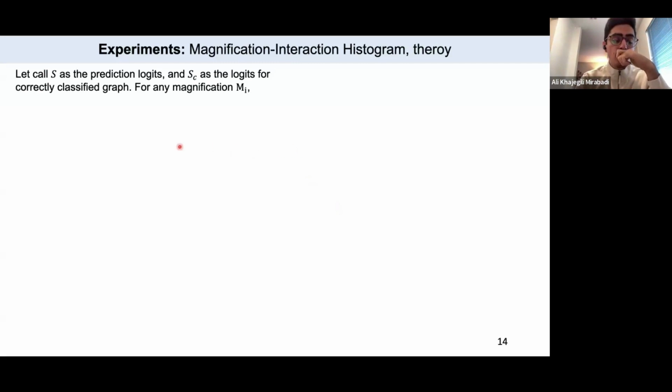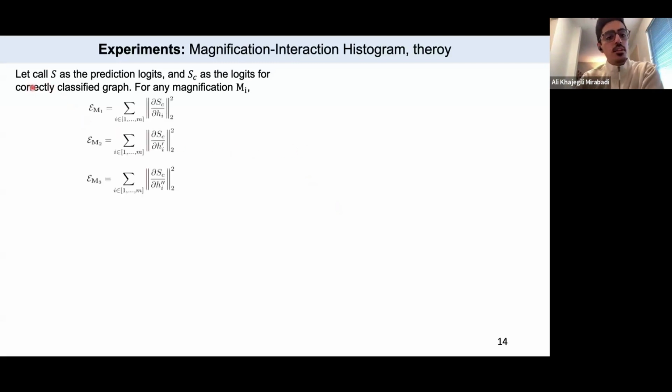So we say let's call S the prediction logit of the model, which is the logits of the output of the model at the end, with S sub C being the logits of the correctly classified graph.